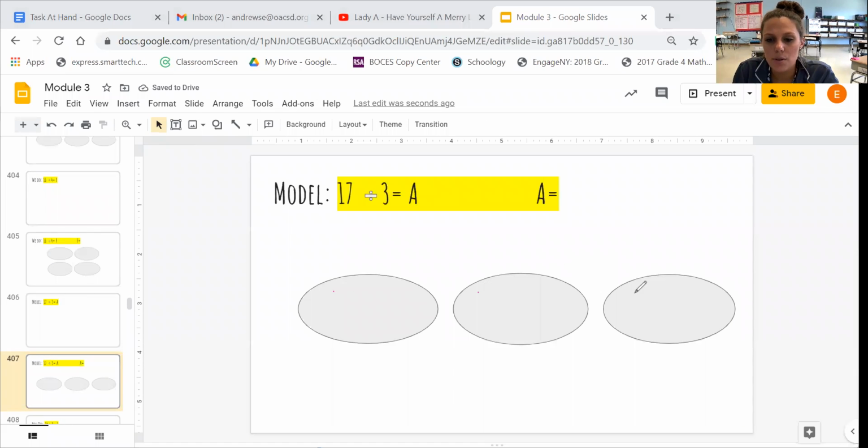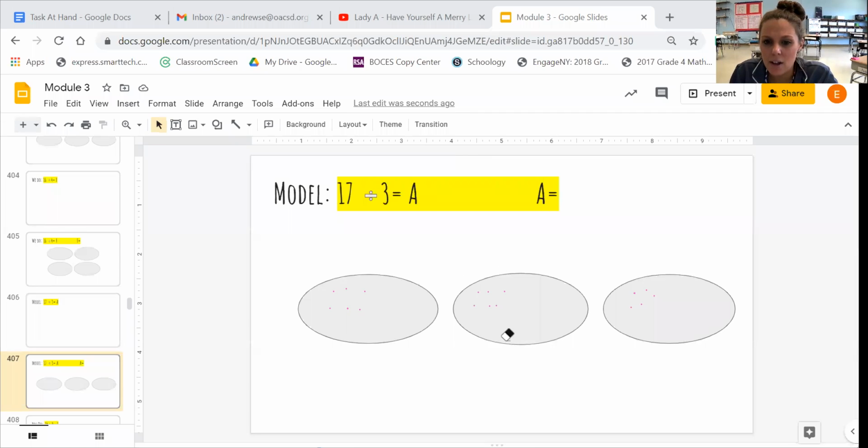1, 2, 3, 4, 5, 6, 7, 8, 9, 10, 11, 12, 13, 14, 15, 16, 17. Oh, wait, I don't want to do that, because that means this group has 6, this group has 6, and this group has 5.